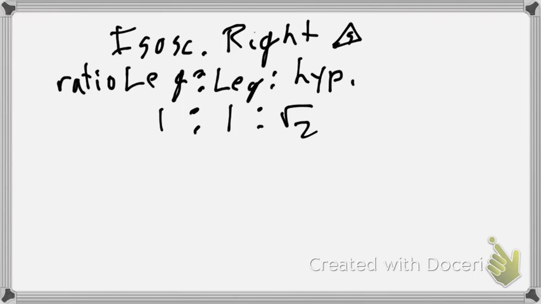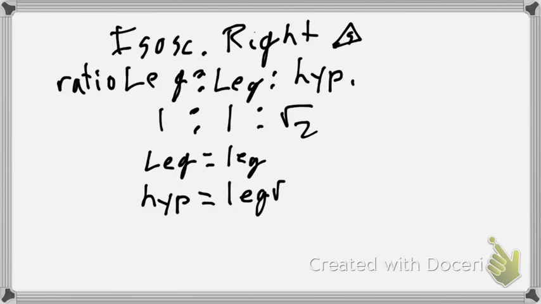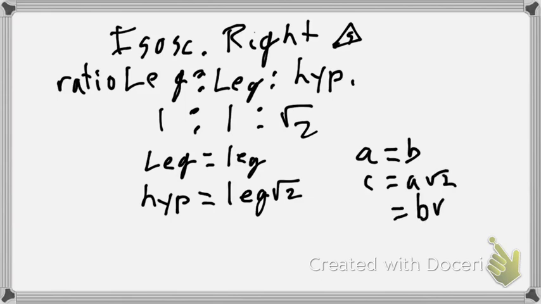Which means that the length of one leg equals the length of the other leg, and the length of the hypotenuse is equal to the leg times the square root of 2. Okay, so we can actually use these now to find missing parts. So if I was to use a, b, and c here, this would be a equals b, and c equals a radical 2, or b radical 2. Put both of them down just to be overly cautious, but they really are the same thing.